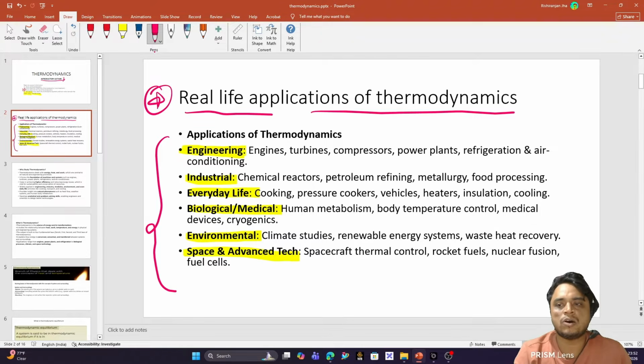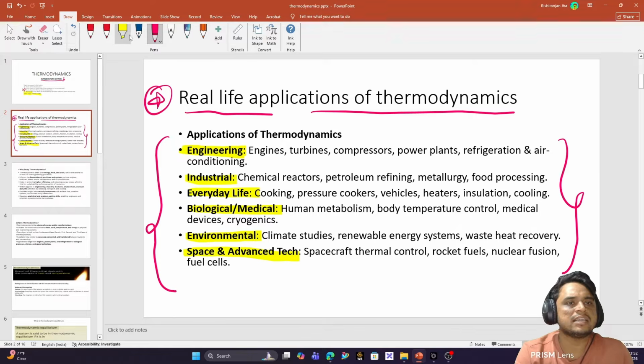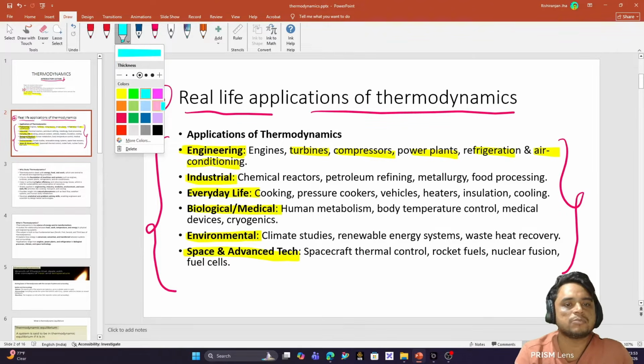Everywhere in all the areas of science and technology, there is a real life application of thermodynamics. In engineering, wherever you see turbines, gas compressors, power plants, refrigerators, air conditioning, everywhere there is an application of thermodynamics, right?